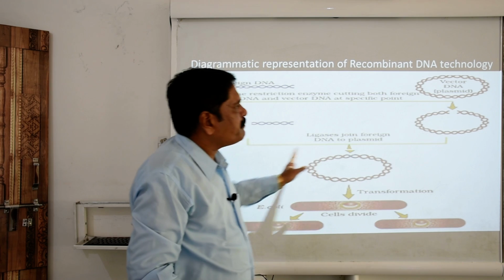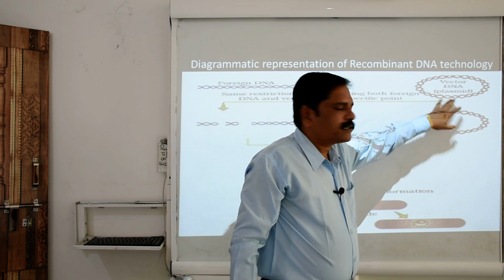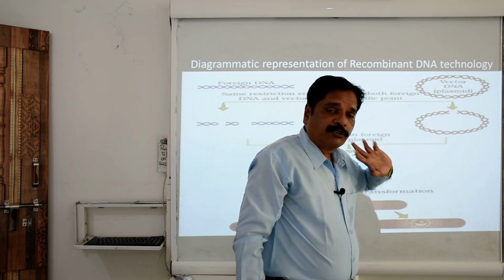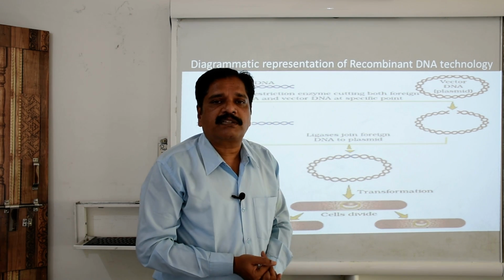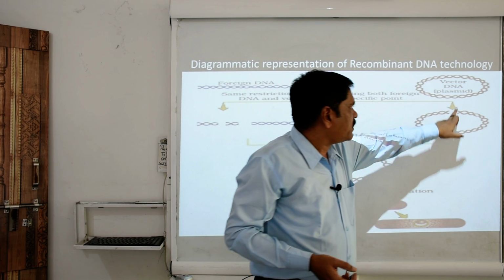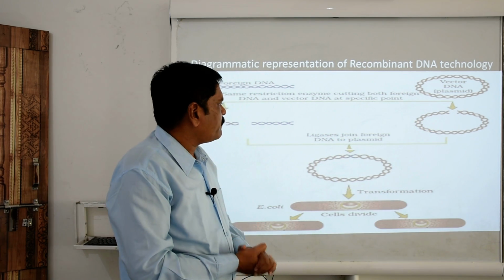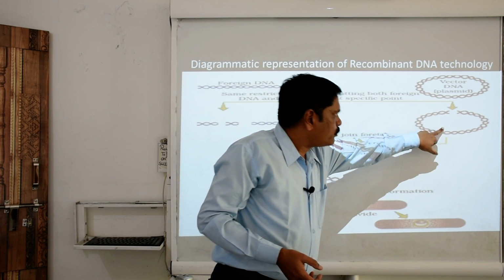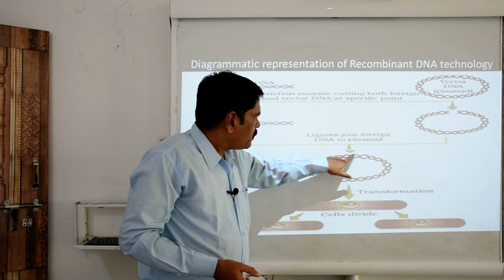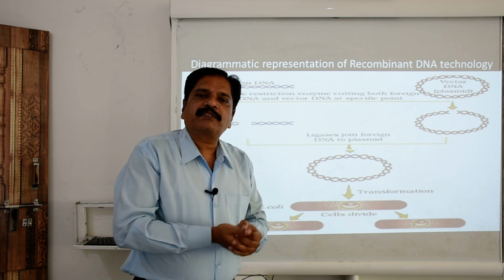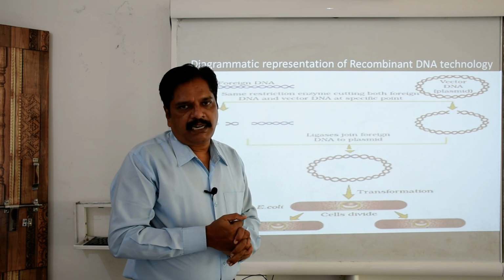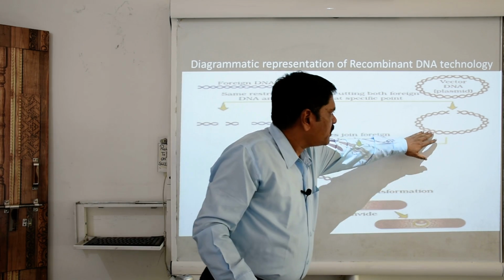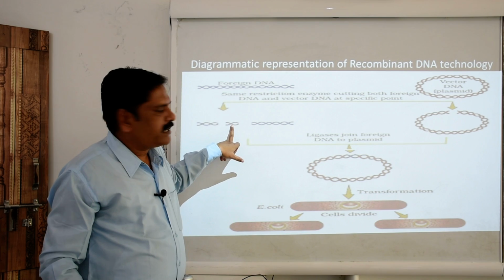At the same time we are using this plasmid, and the same restriction endonuclease enzyme, which is responsible for reading the same palindromic sequence, is used to cut this one. Then this desired DNA is introduced in this plasmid, and here we obtain a specific recombinant DNA molecule, which is a hybrid, a combination of this plasmid DNA and this alien DNA.